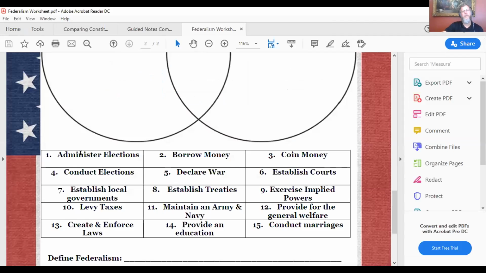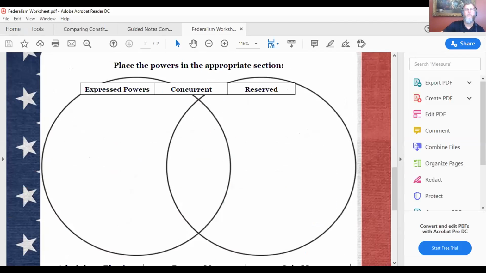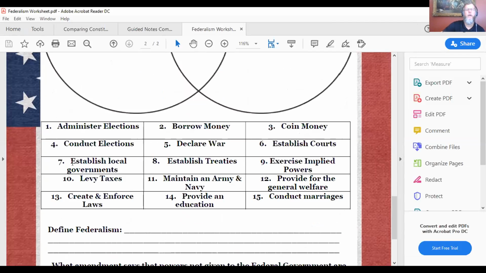All right, ministerial elections, that is a reserved power. Borrow money, both, concurrent. Coin money, that is strictly an express power. All right, conduct elections, both federal and state conduct them. Administer is just state. All right, declare war, federal. Executive, establish courts, both, concurrent.